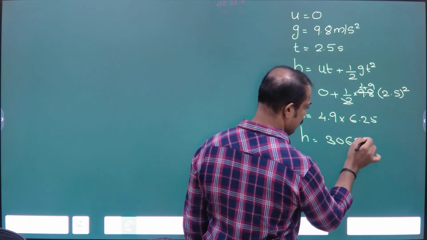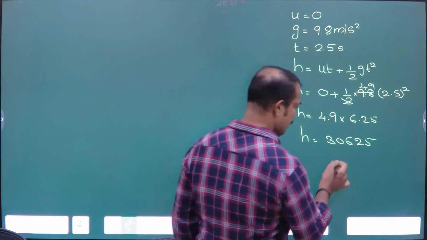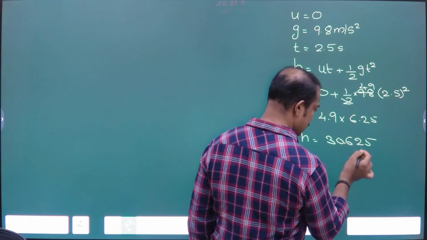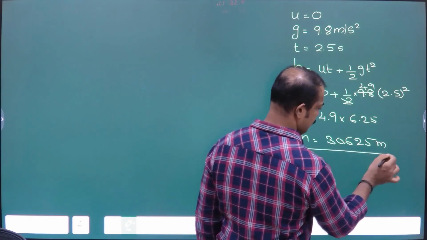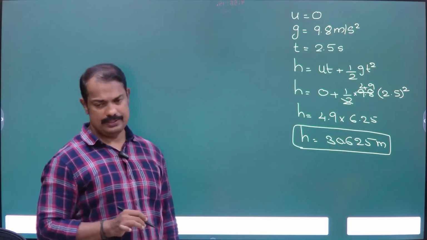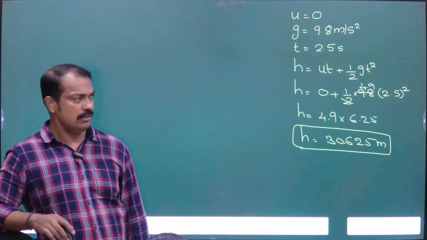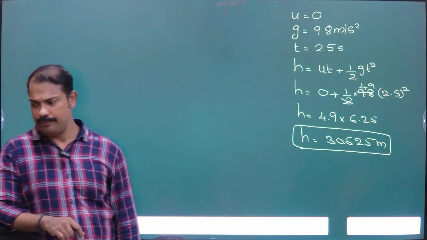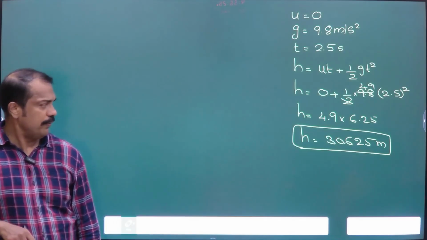30625, कितना डेसिमल है, 3. So 30.625 meter. पूरा आ जाएगा ना मल्टीप्लिकेशन. 30.625 meter, पूरा पूरा करो.